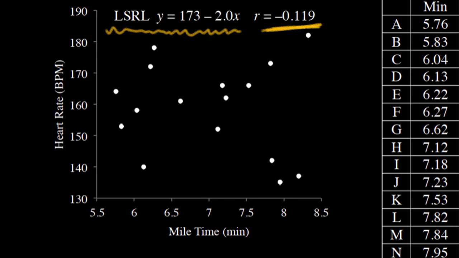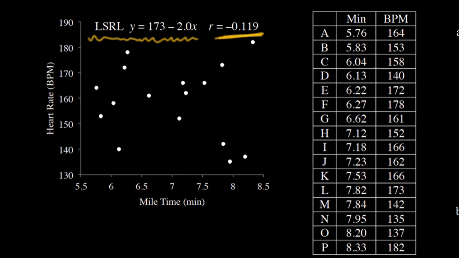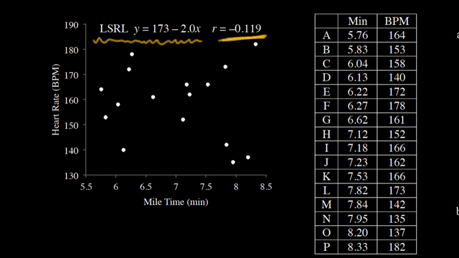So if you were trying to come up with some kind of a model that would say, hey, if you run it in this time, this would be your heartbeat, I don't see this as being a good model for that. This is not an efficient model. I don't think this gives me any good information of using the time it takes me to run a mile versus what an anticipated heartbeat would be. All the data is recorded right here.